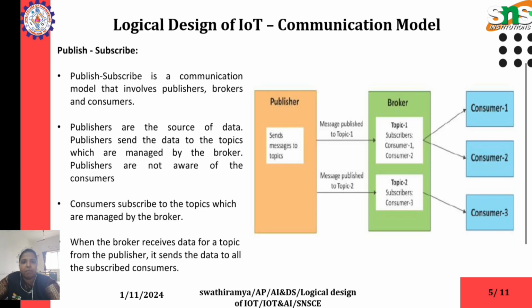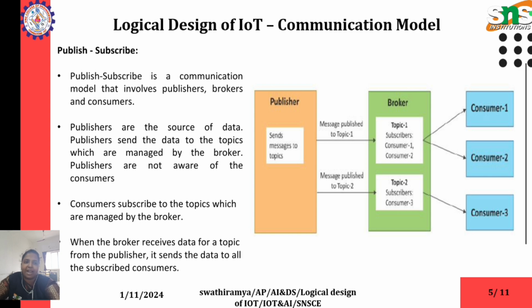The next will be the publish-subscribe model. It is like a YouTube subscription. Whenever a channel publishes or uploads a new video, only if you subscribe to that channel, you will get the notification or the video. Okay, so this is how the publish-subscribe model works. Here you have a publisher, broker, and consumer.